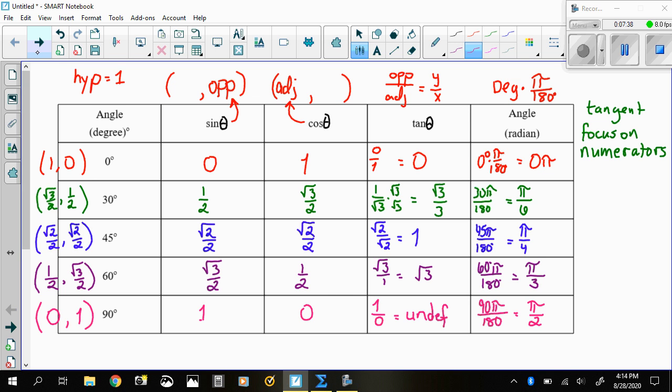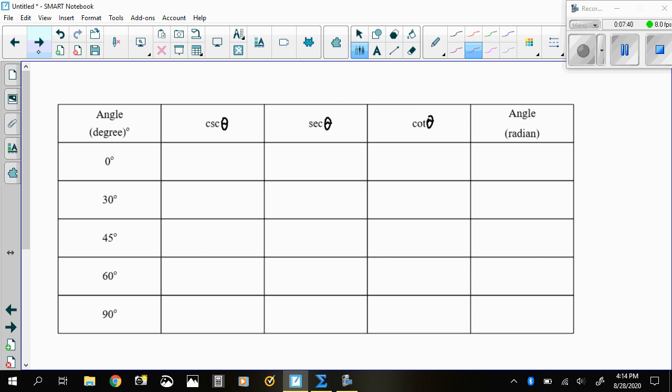So let's flip over to the second page. And we're going to do the cosecant, the secant, and the cotangent.